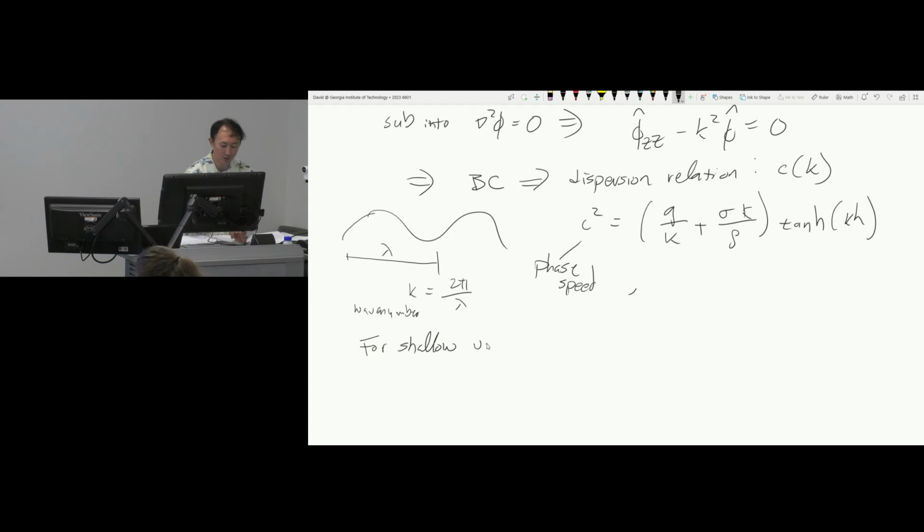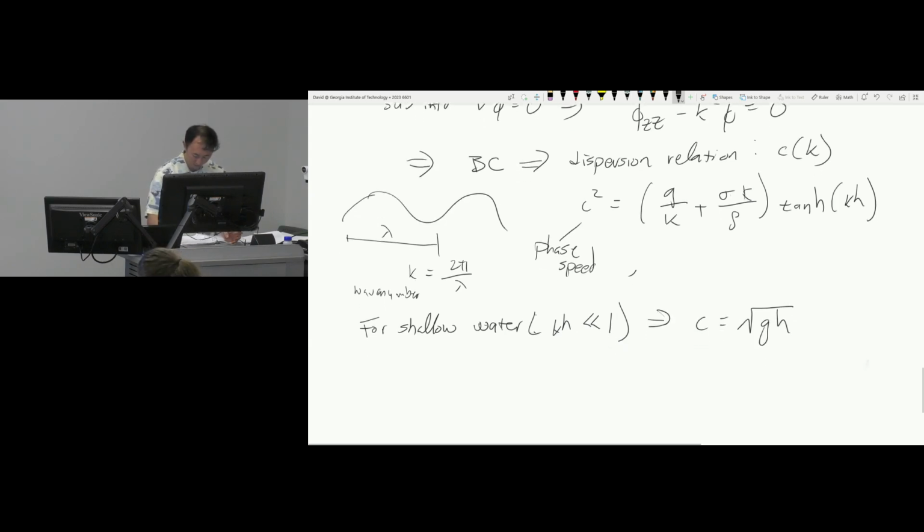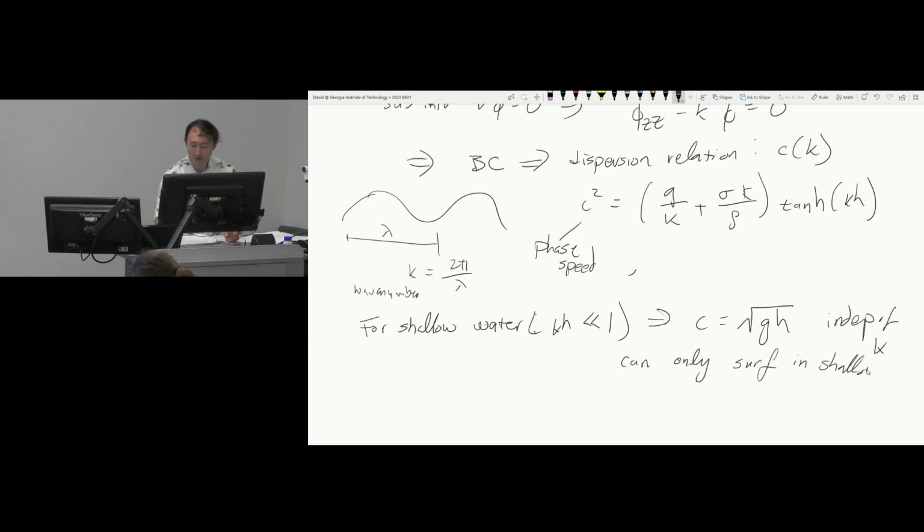If you're in shallow water, that means kh is less than 1, so your waves are way, way longer than the depth of your water. Then you can show that c is equal to square root of g h, which is independent of k. And that's why you can only surf in shallow water. If you look at people surfing, they only surf close to land, because if you're trying to surf a wave and that wave's getting faster and faster, you're probably going to fall off your surfboard.